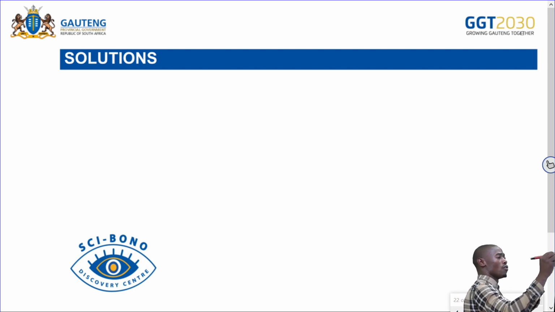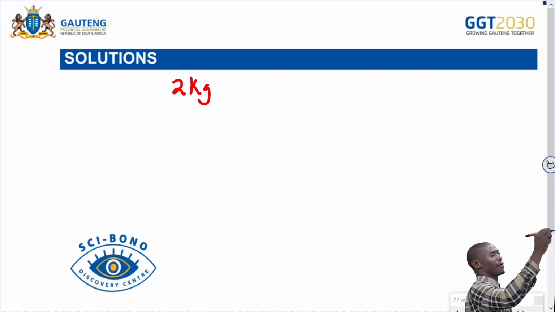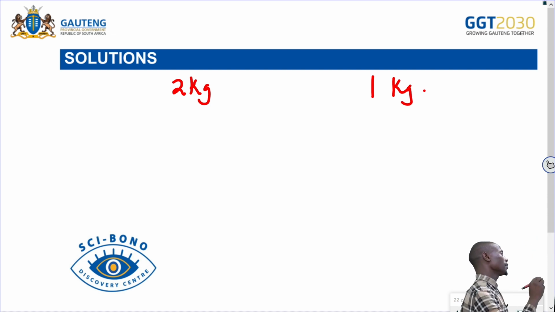Then for the 2 kilogram block, remember there are 4 forces.